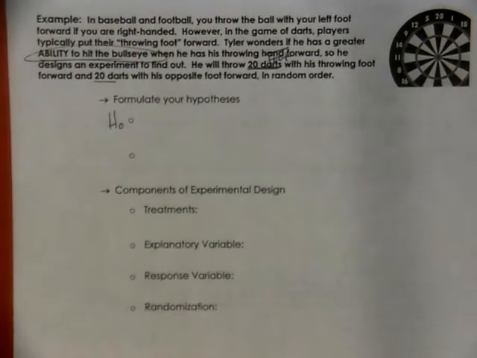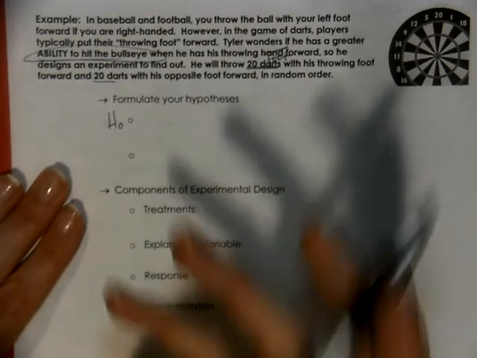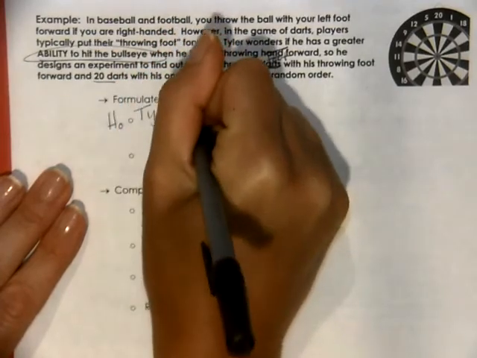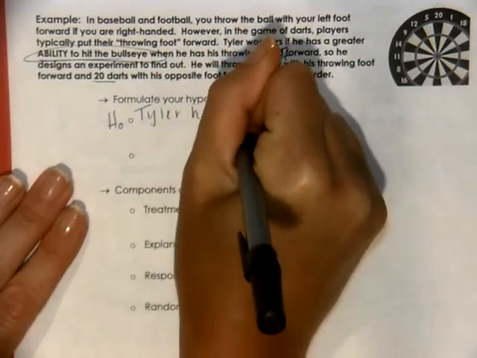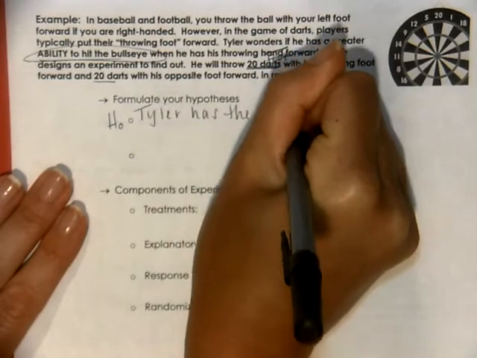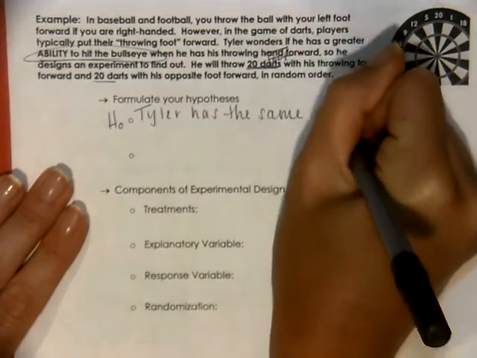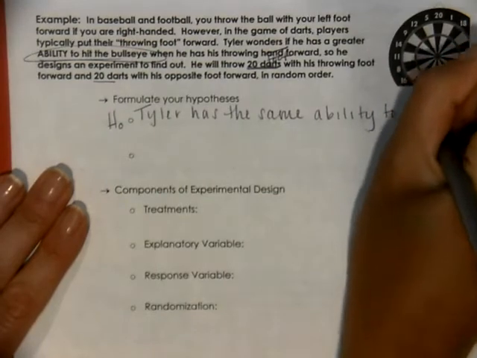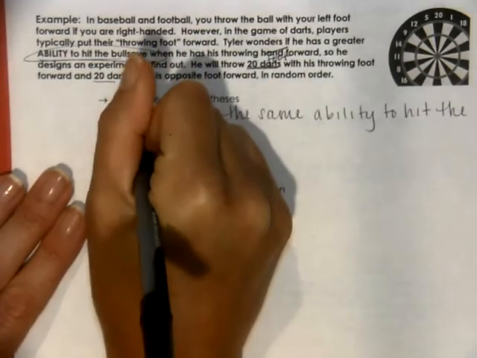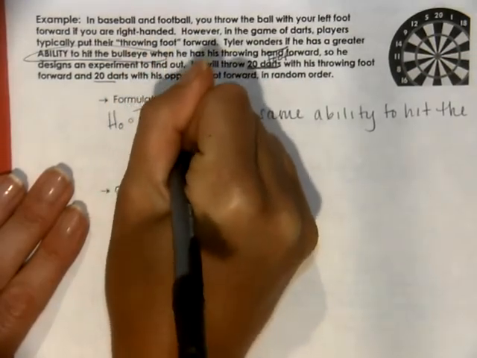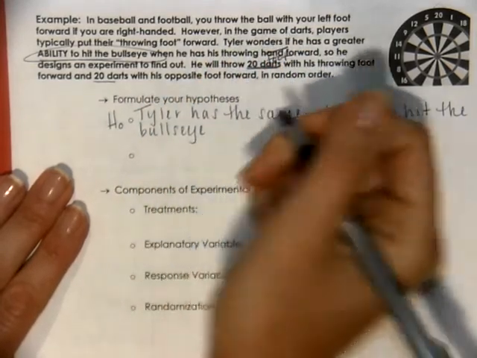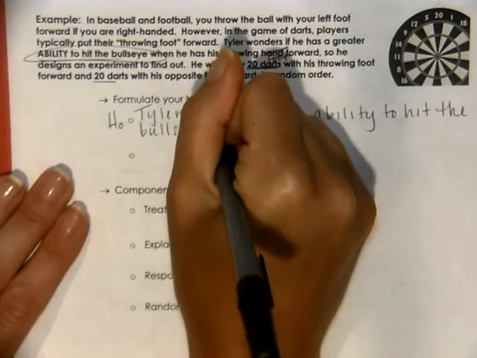Tyler has the same ability to hit the bullseye with his throwing foot forward and his opposite foot forward.